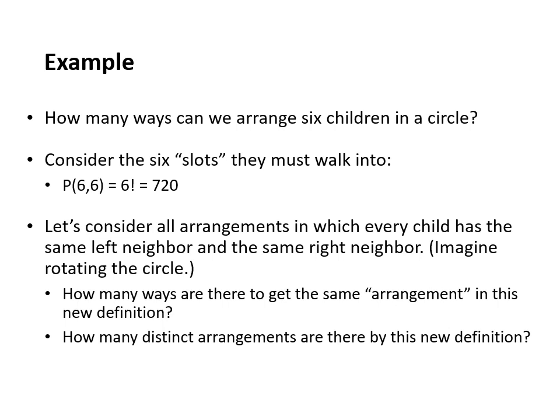Now, let's consider all arrangements in which every child has the same left neighbor and the same right neighbor. So imagine a circle that rotates. Or you can think of equivalence classes. How many ways are there to get the same arrangement under this new definition? And then how many distinct arrangements are there by this new definition?